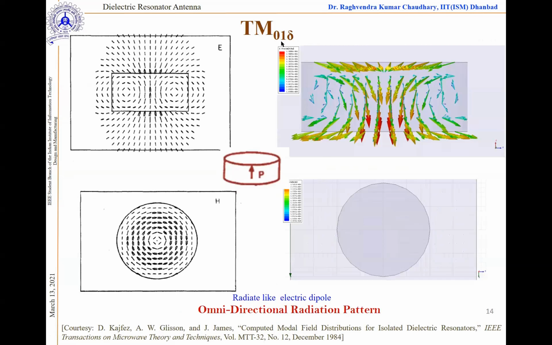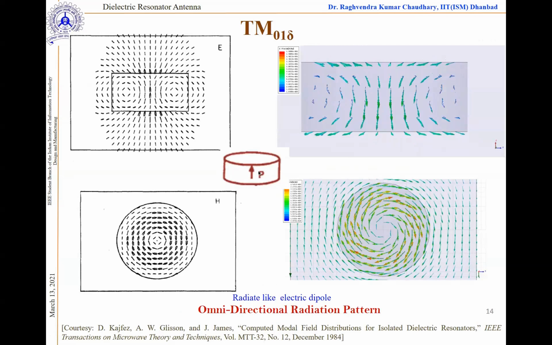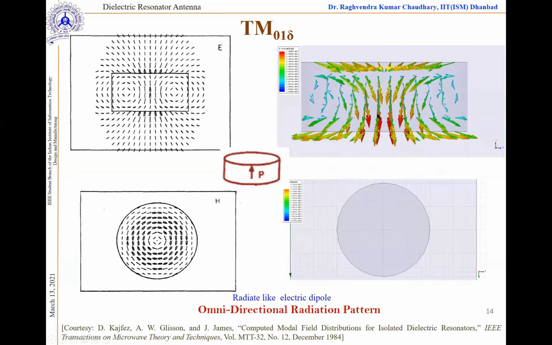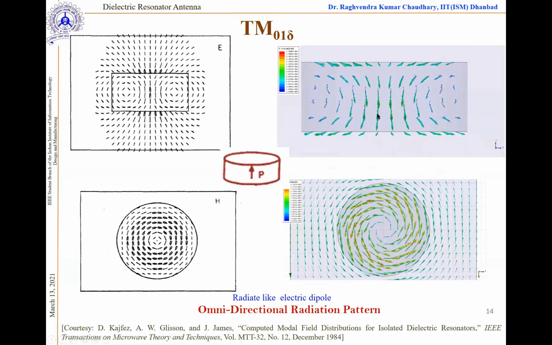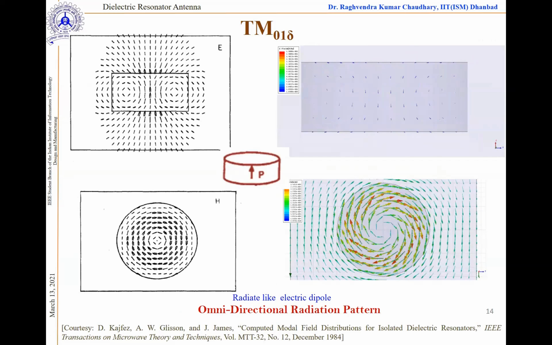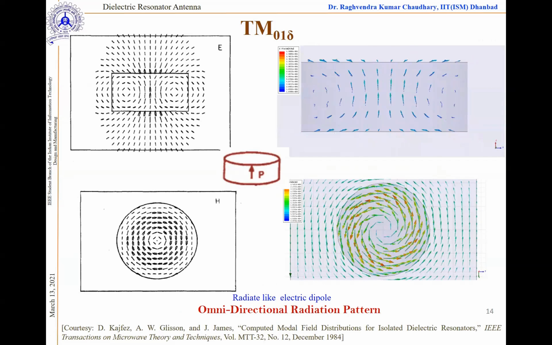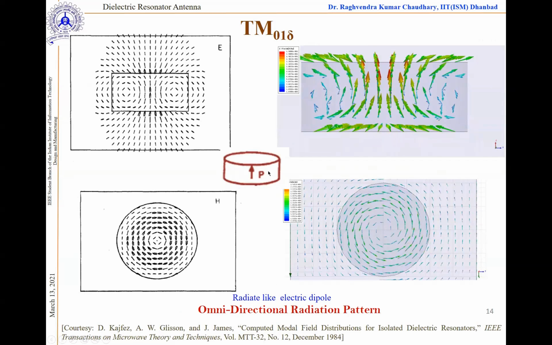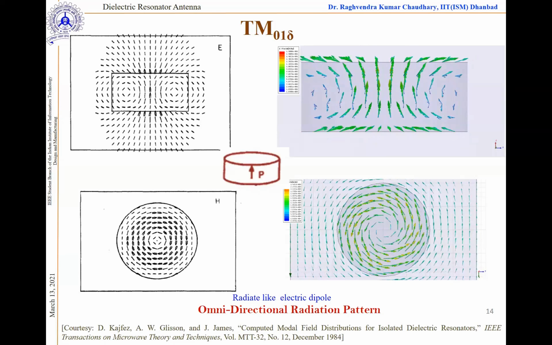Similarly, if you do it for the TM01δ mode and see the electric field in an elevation plane, it will give you the sense that this is the electric dipole. We compared the things and found that whatever he gave is fine.